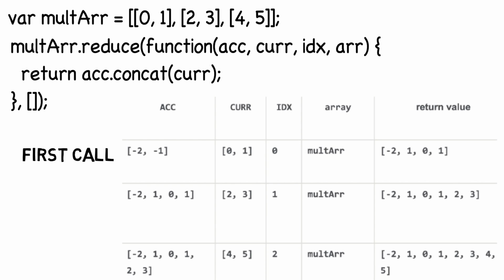So when we concat the array of 0 and 1, and index 0, which is -2 and -1, we get a return value of an array of -2, -1, 0, and 1.